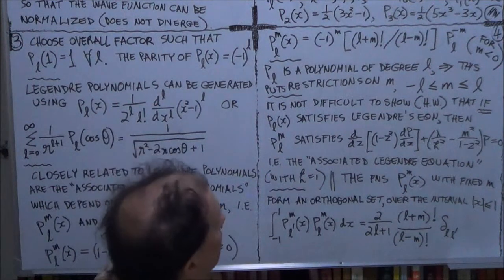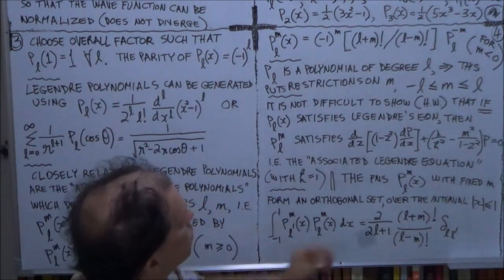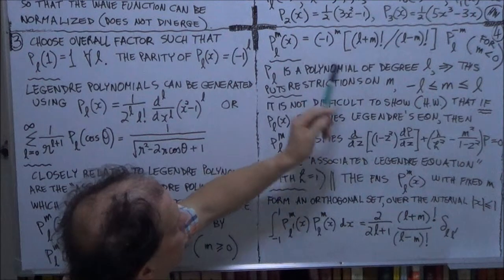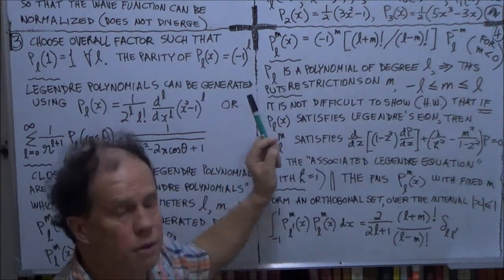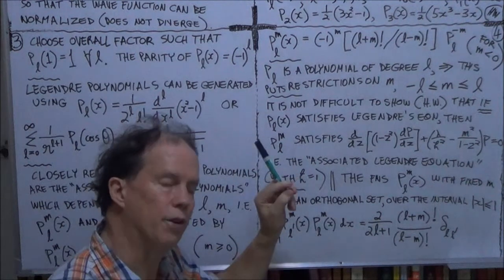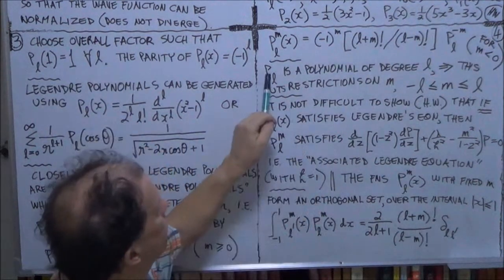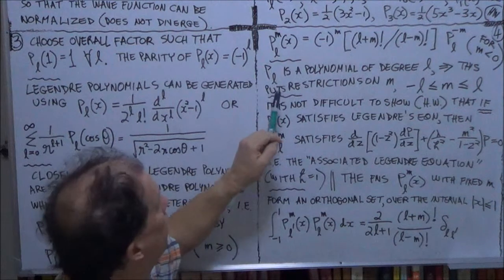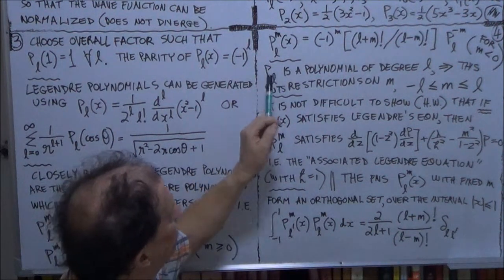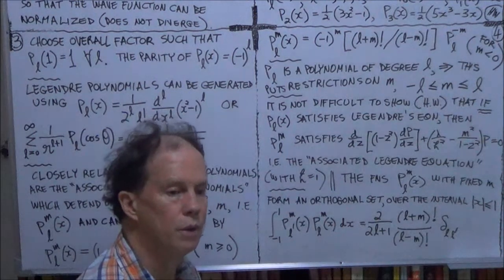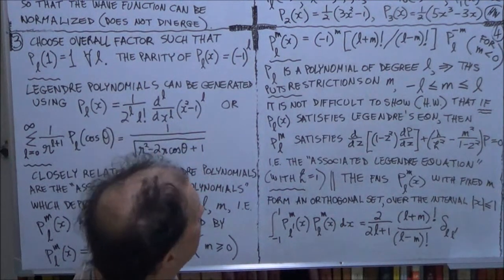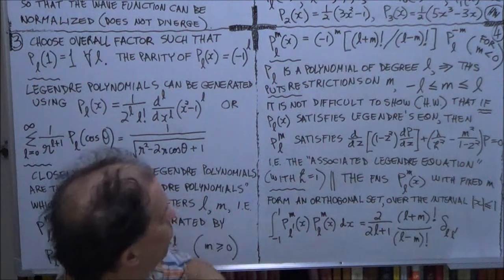Okay. Now there are restrictions on the value of m, like the Legendre polynomials, not the associated Legendre polynomials, but just the Legendre polynomials, P of L, with just one parameter L. That's a polynomial with an upper limit to the degree.